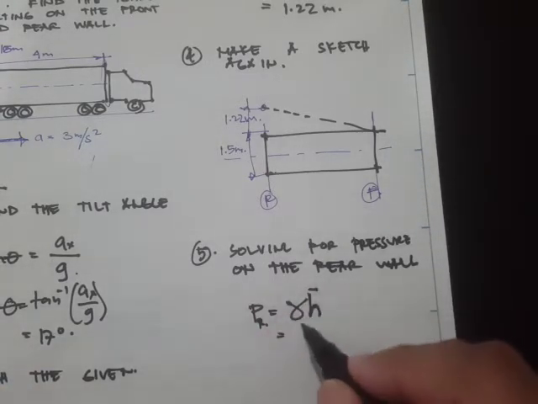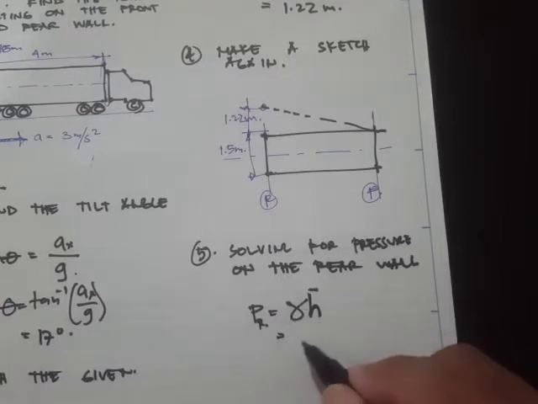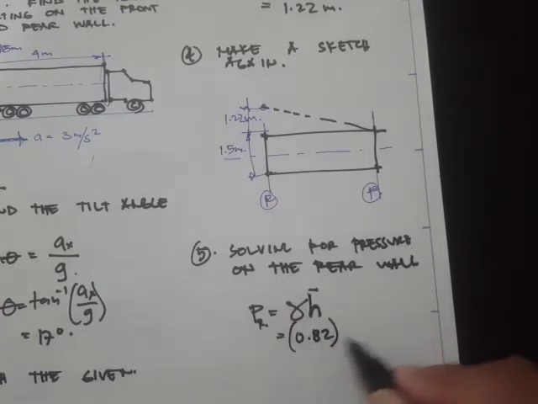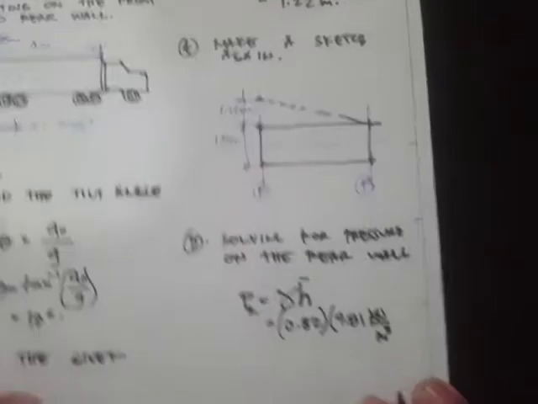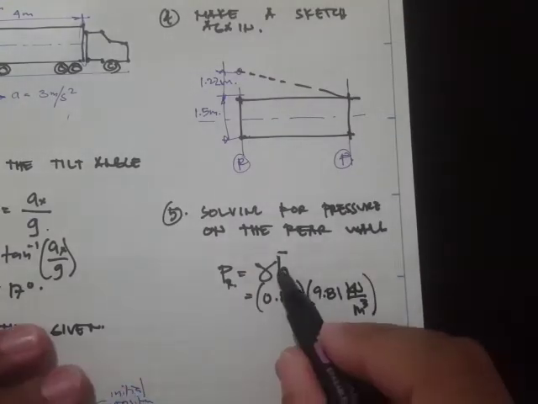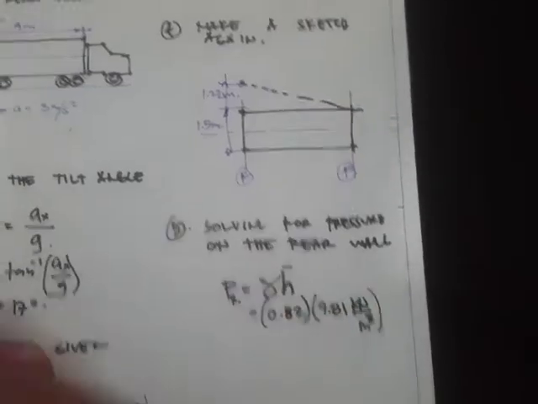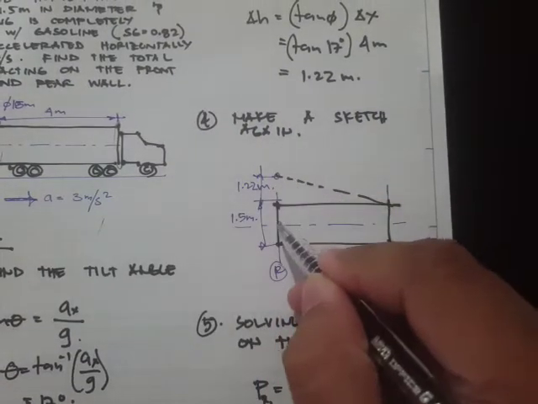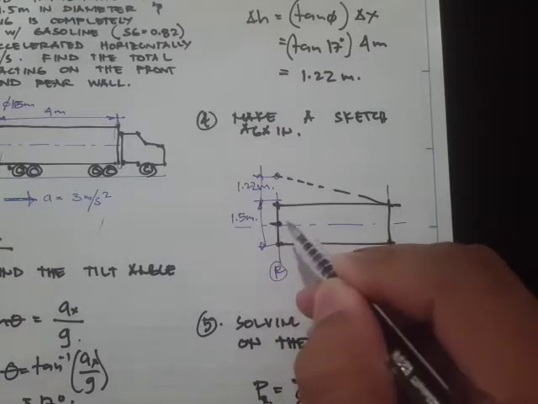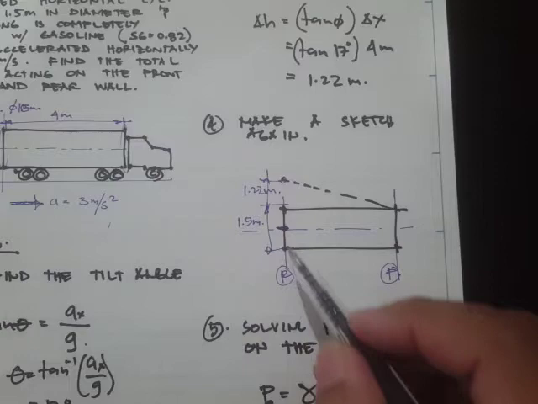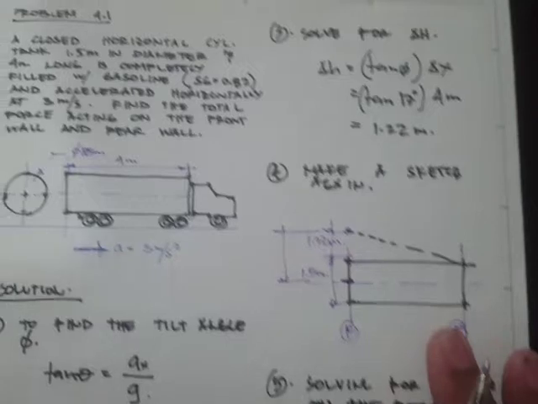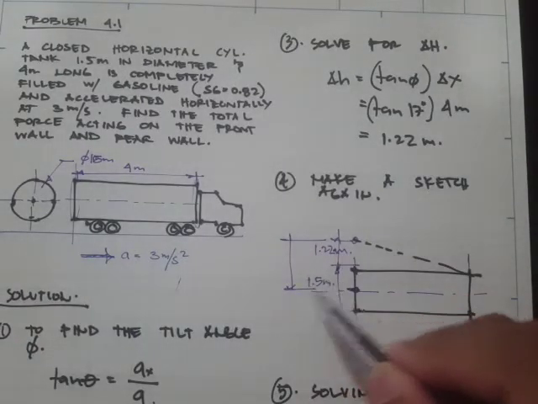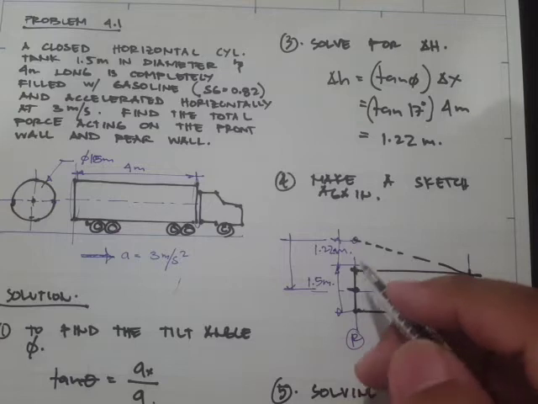Okay, so if we solve now, the unit weight is just simply 0.82 times 9.81, that's in kilonewton per meter cube, times the average height or the vertical distance from this point to the centroid. Okay, so this is the centroid of the surface or the rear wall. So this distance would be 1.22 plus half of 1.5.